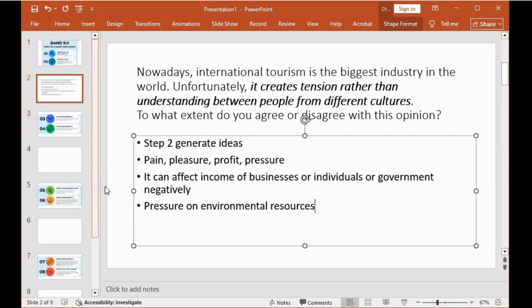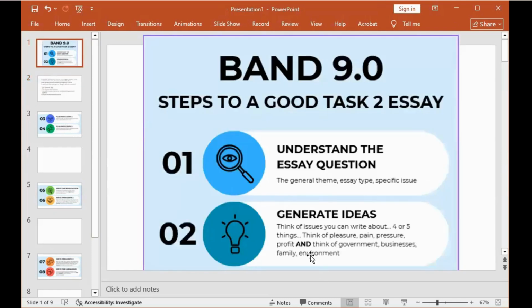You see that here on this list, we have environment also. So the idea of these 4 P's: how does pleasure connect to government, businesses, family, environment? How does pain connect to them? How does pressure connect to them?